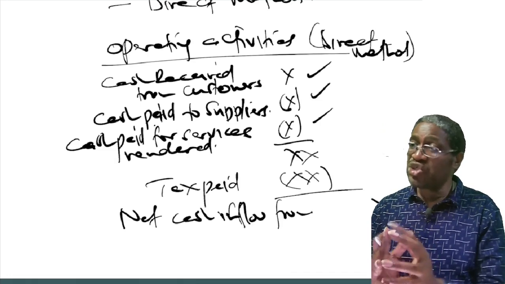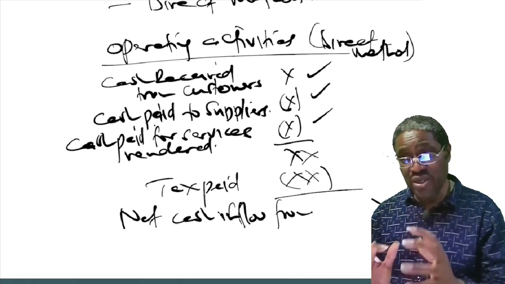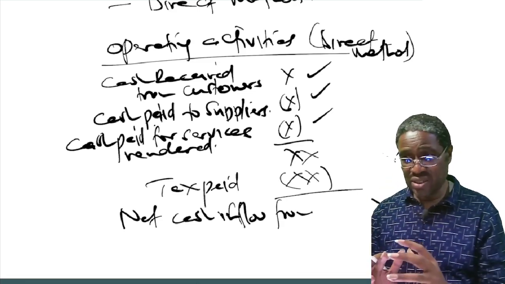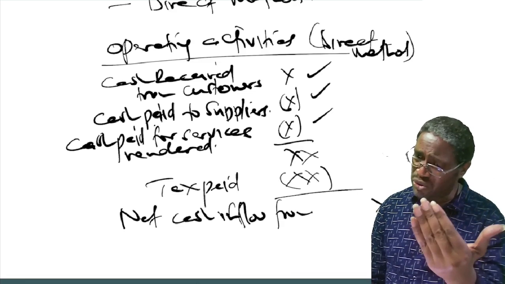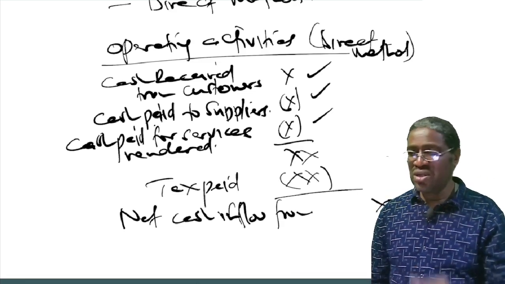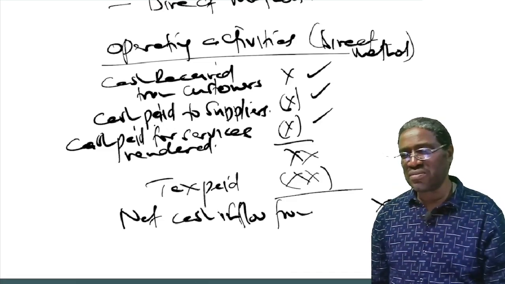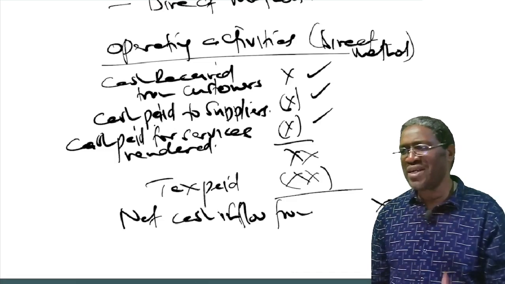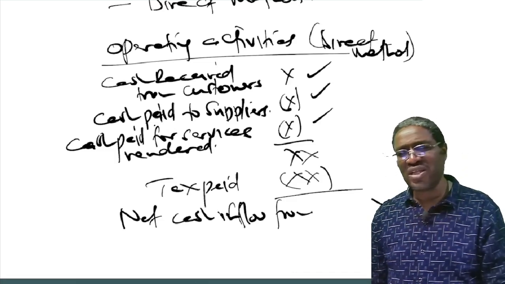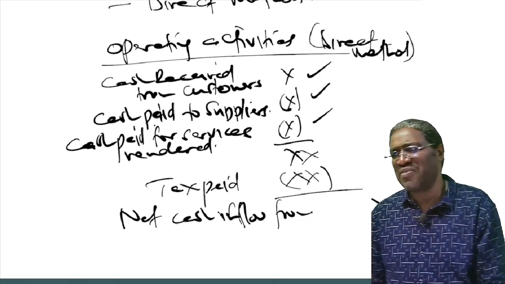As much as it's shorter than the first approach, the problem here is you have to calculate the three figures. It's not like the first approach where we were identifying the cash flow from operating, picking the profit before tax, and depreciation could be given, provision for bad debts could be given in the question, impairment could be given in the question, loss on disposal could have been given, and so on.